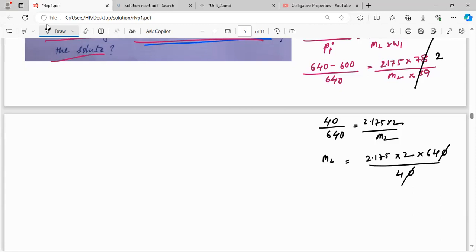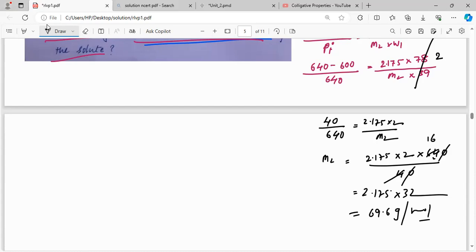This is divisible, 4 1s are 4, and 4 16s are this one. So it is 2.175 multiplied by 32. Can you multiply this? 2.175 multiplied by 32 is 69.6, so it is coming 69.6 gram per mole.